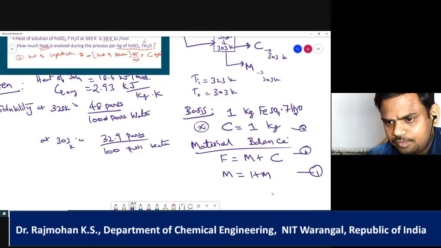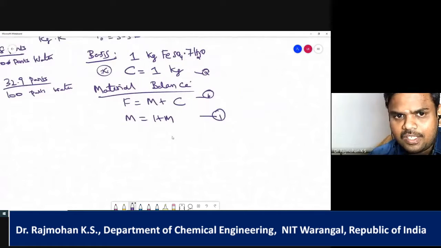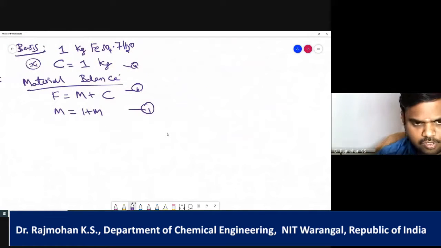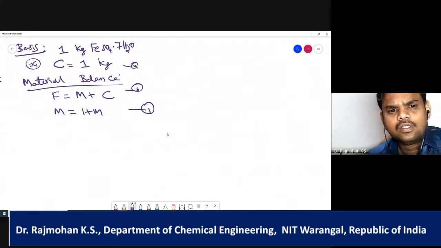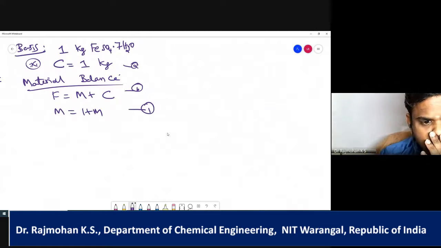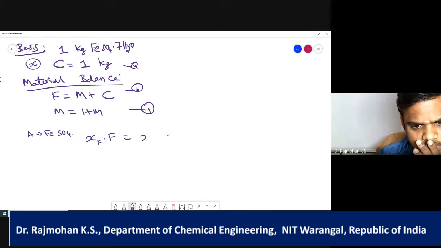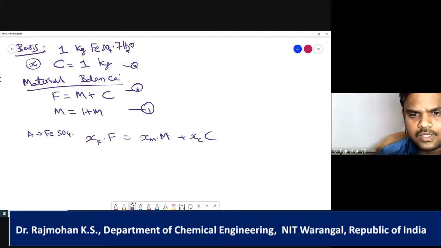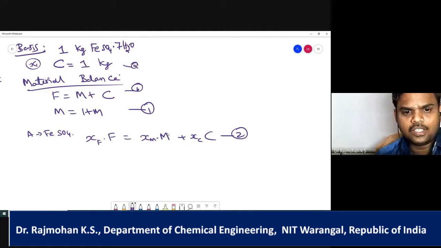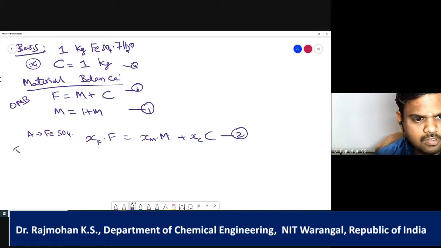And what is the individual material balance? Individual material balance for FeSO4, let A be FeSO4. Then XAF into F is equal to XM into M plus XC into C. So this is our individual material balance for solute, along with the overall material balance.